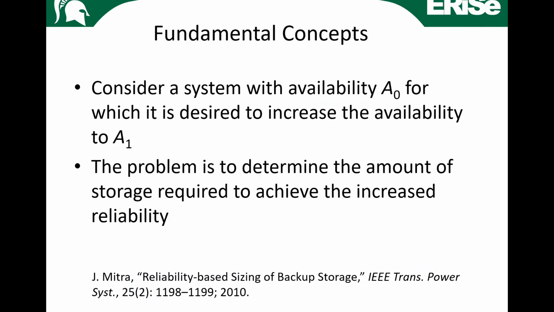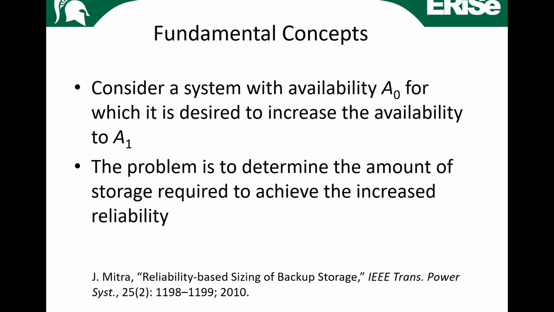So then think of this very simple example. Suppose you have a computer, a desktop computer, not a laptop, and you want to increase its availability from A0 to A1 by using a UPS. You all know what a UPS is, right? An uninterruptible power supply. And you want to try and determine how to size that UPS.